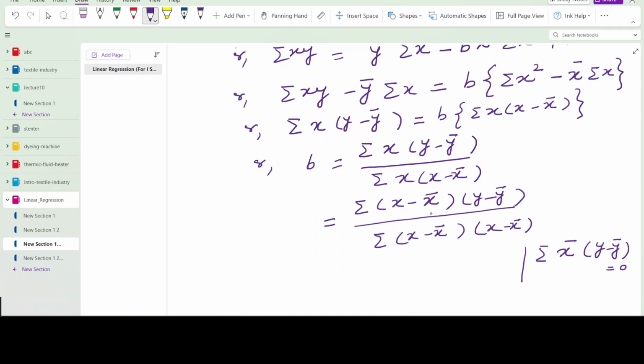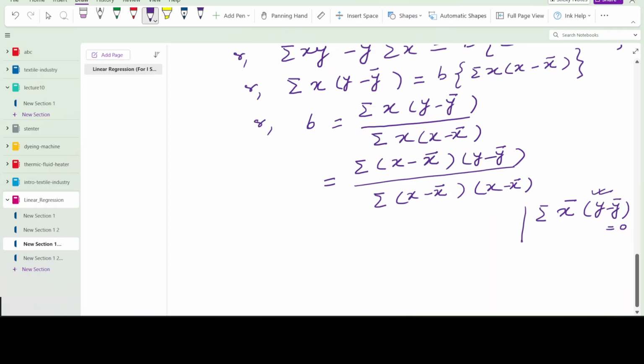Okay, first term is as it is, and the second term which we have added or subtracted here, that value is 0. We are proving it here. You can write it sigma x bar y minus sigma x bar y bar.